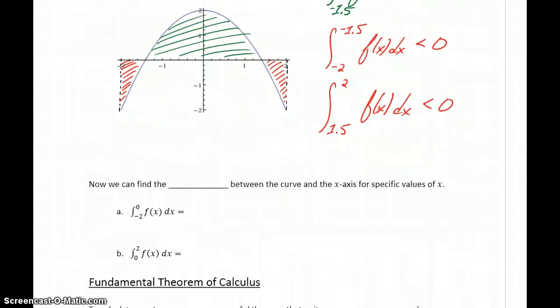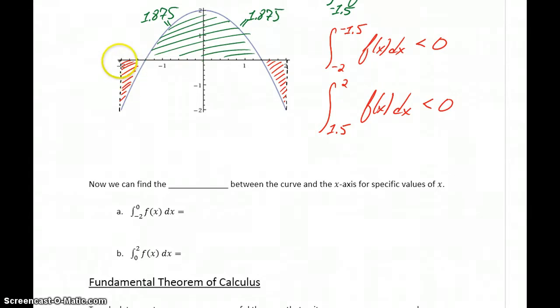So let's look at actually generating some specific results here, some exact results. What I can tell you is that the area under this curve from negative 1.5 to 0 is 1.875. The area from 0 to 1.5 is also 1.875.